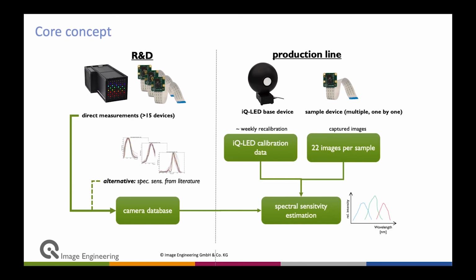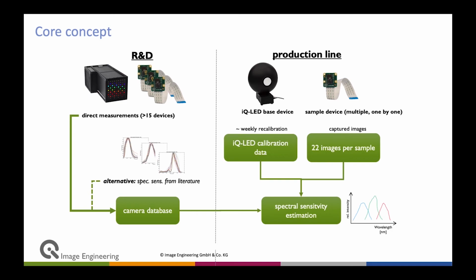And we have a technology for that. Basically, we need to build a database of devices to create some prior knowledge. Typically, you take 15 or 20 devices from a pre-sample, from a pre-phase of the production line. When you ramp up, you measure them with a direct measurement, for example with the ChemSpecs Express device, and create this database.